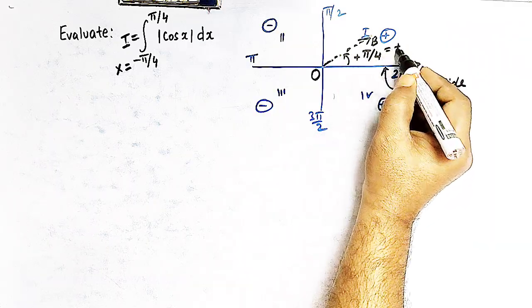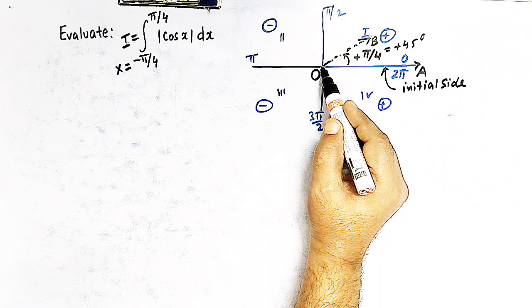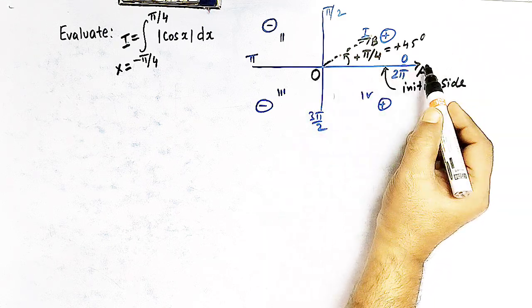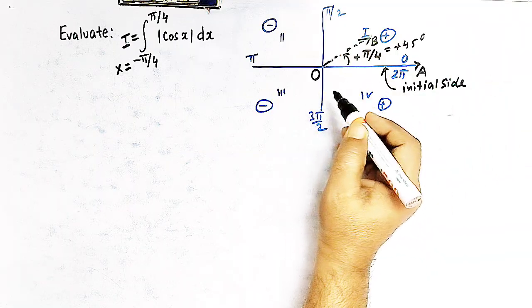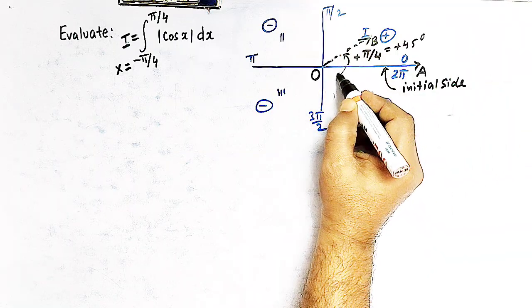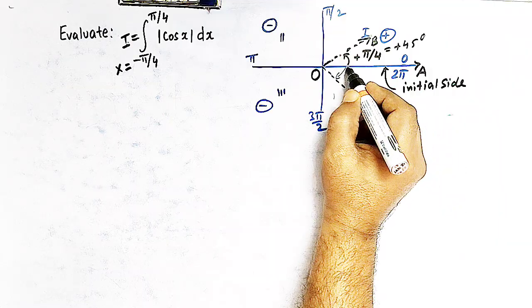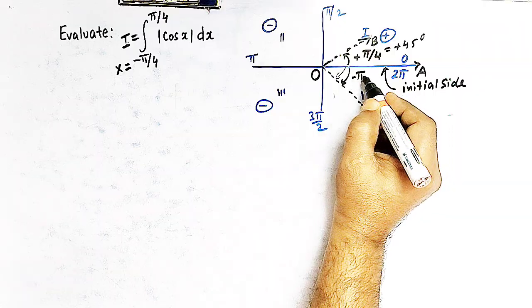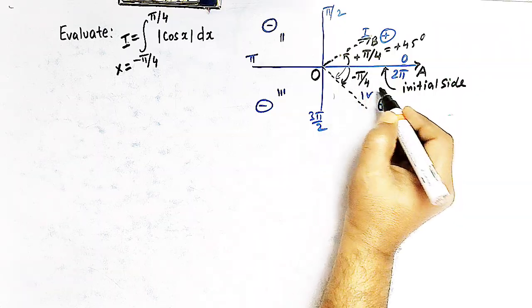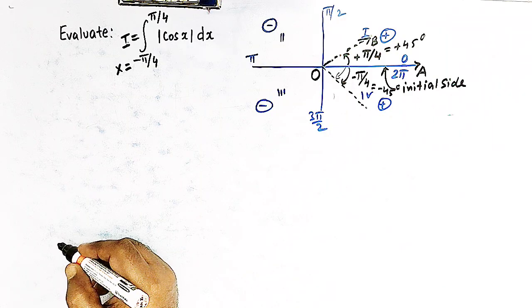So here we have plus 45 degrees, and when we rotate this ray OA, which is taken as initial side, in clockwise direction, that is like this, and we form an angle say pi by 4, then this angle is taken as negative pi by 4, that is minus 45 degrees, right?